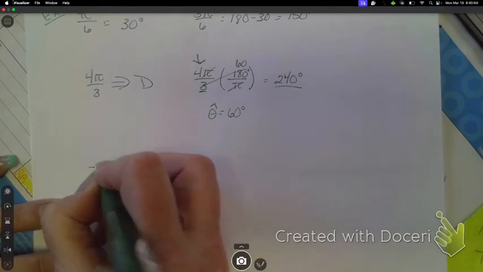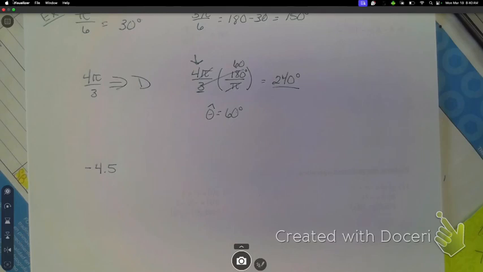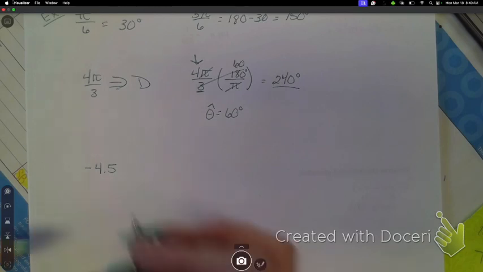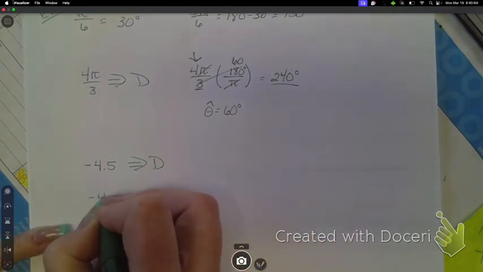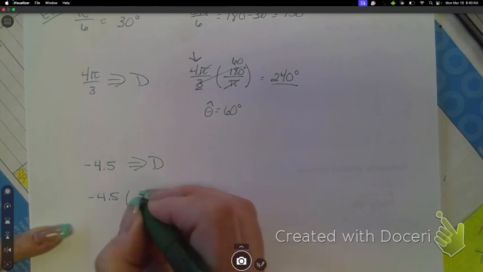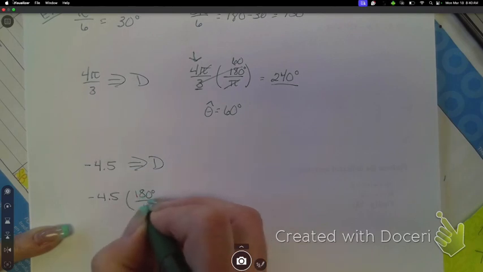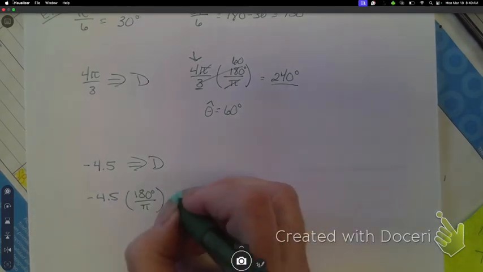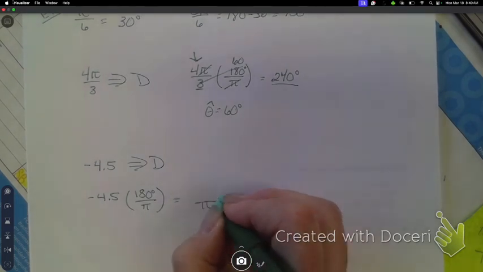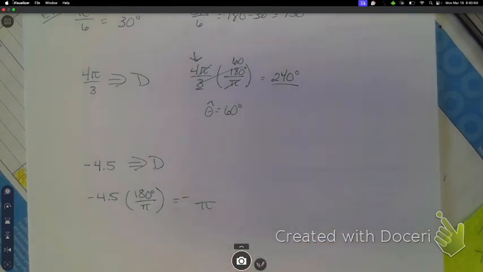Negative 4.5 to what? Is that radian or degree? Radian. Why? It doesn't have a degree. So I'm converting it to degrees. How do I convert negative 4.5 to degrees? 180 over pi. Without a calculator, you would leave it with a pi in it, correct?